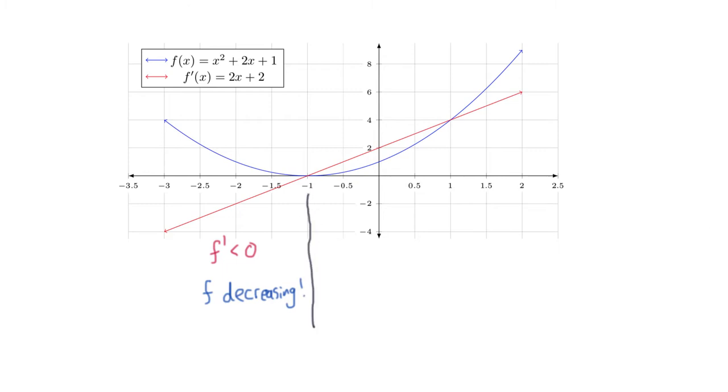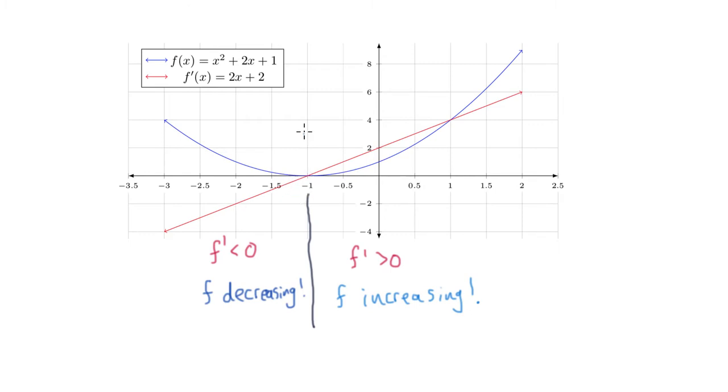And then to the right of -1, the derivative function is positive, or in other words, f is increasing. And we have this amazing relationship between the function and its derivative. The derivative function is just telling you how the function is changing.